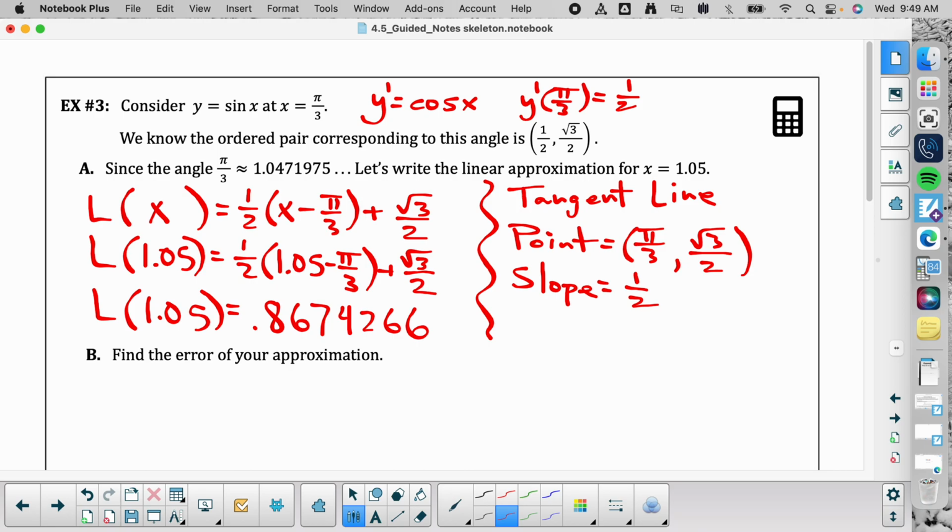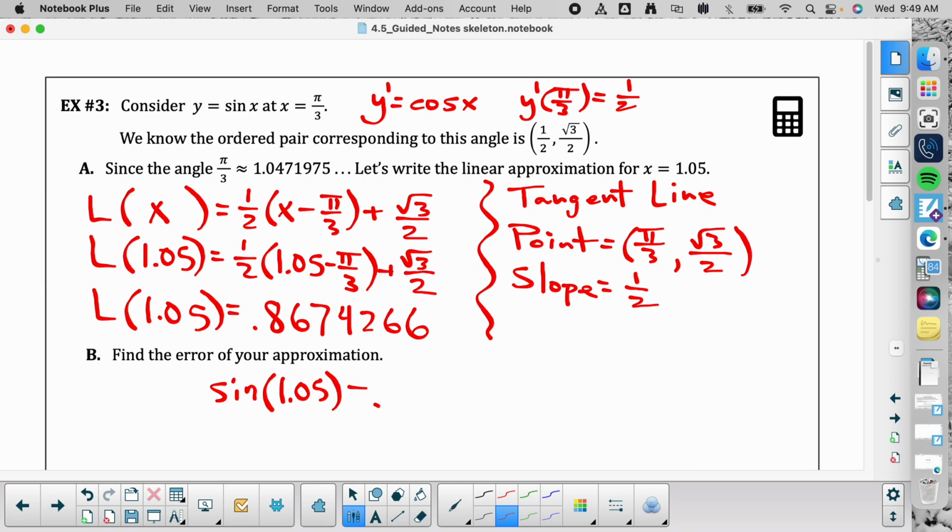So for me to find the percent error, I need to take the exact value minus the approximate value and divide by the exact value. The exact value would be sine of 1.05. This is where I was trying to say we need a calculator regardless.